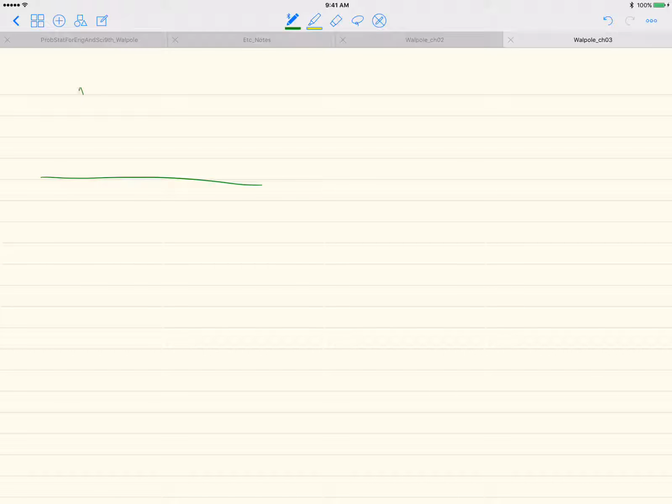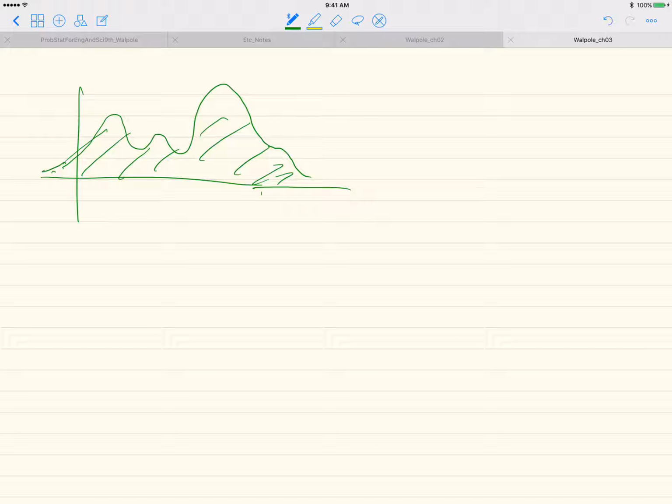Suppose the result of the cutting process, the shape of the function along this cut surface, was something like this. And this area is only 0.7.